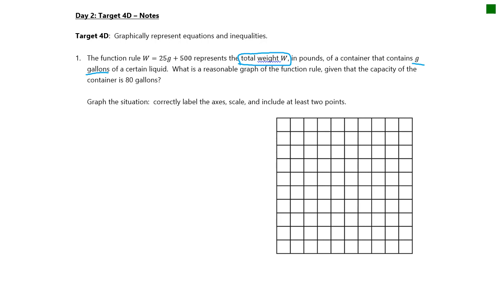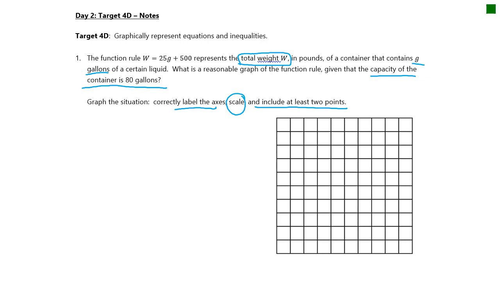What is a reasonable graph of the function given that the capacity of the container is 80 gallons? Graph the situation, correct the axis, the scale, and include 2 points. In order for you to get 3 points, you need to do all those 3.